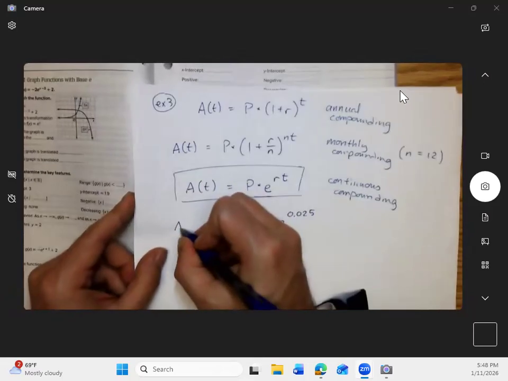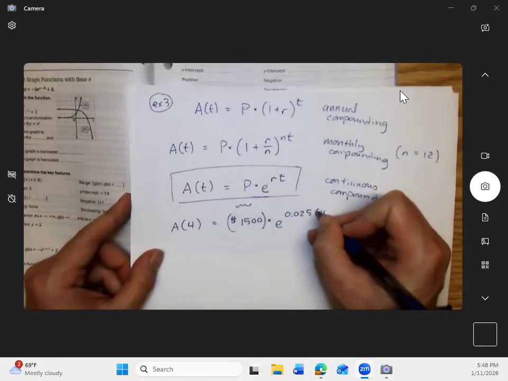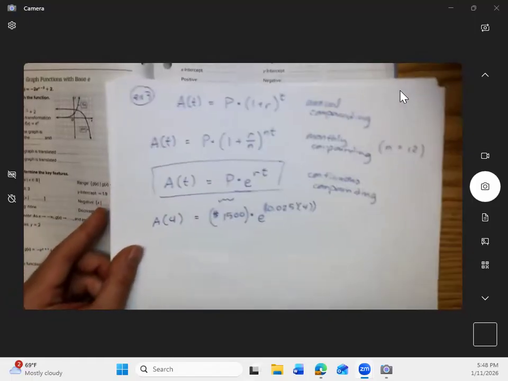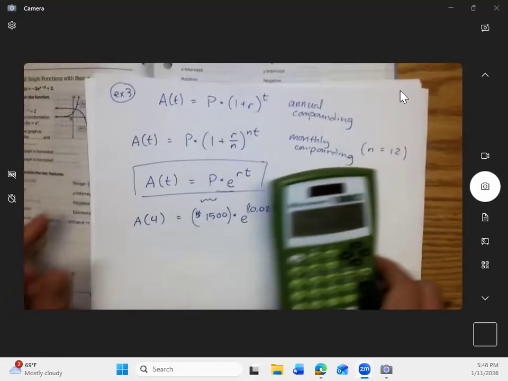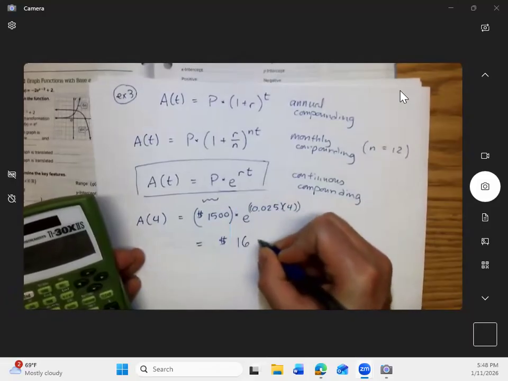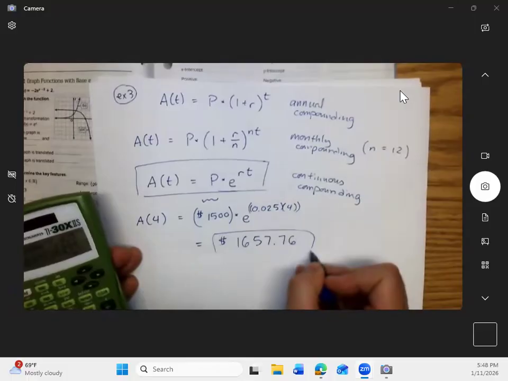And we're looking for 4 years, so the amount after 4 years equals, and then t would be 4. So in the calculator, that's $1,500 times e to the power of 0.025 times 4. And that comes out to $1,657.76, rounded.